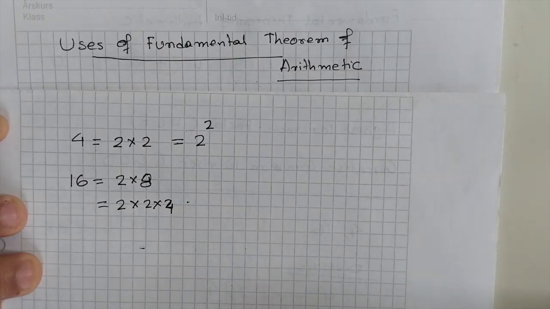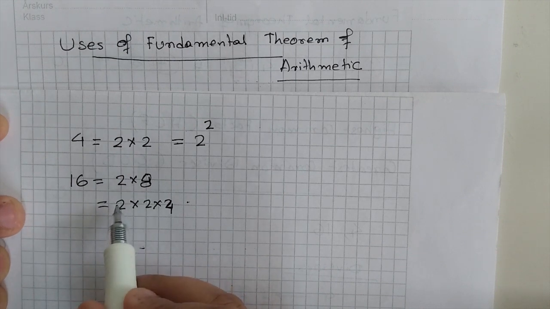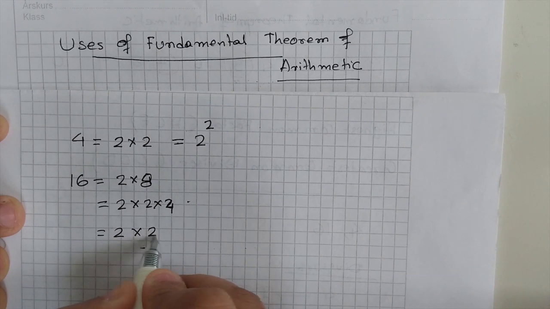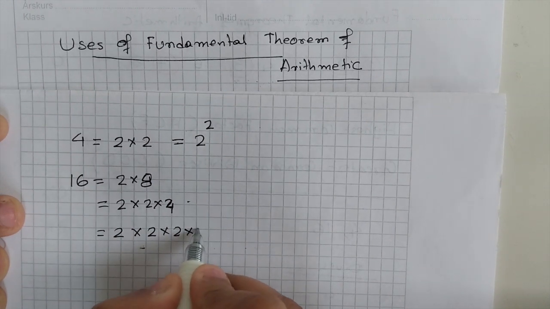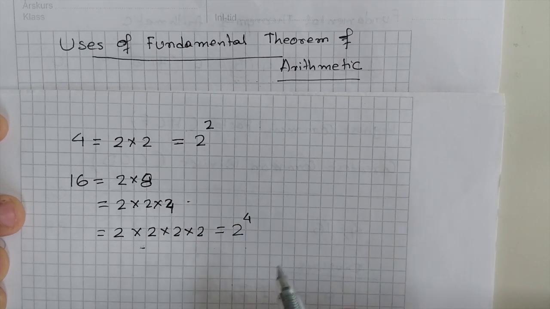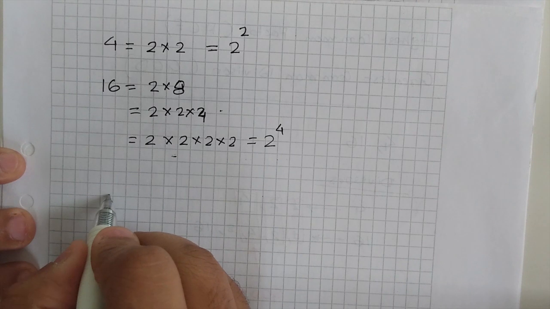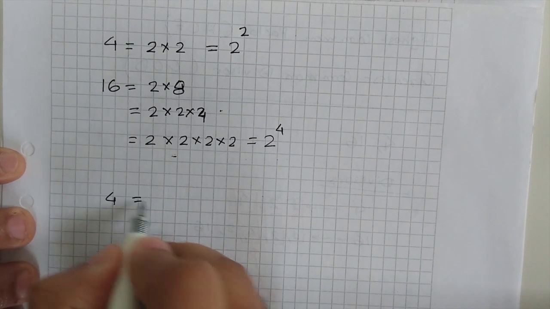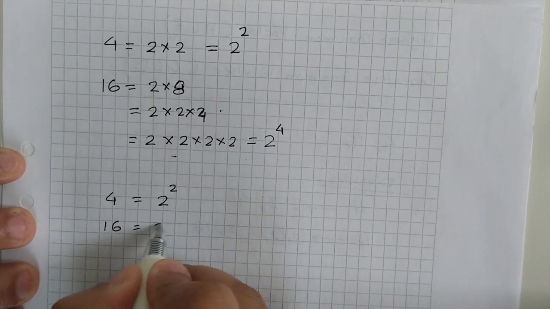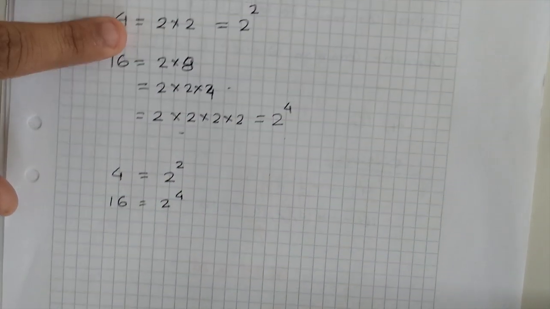Similarly, the number 16 can be written as 2 times 8, that is 2 times 2 times 4, and further broken down into 2 times 2 times 2 times 2, which is 2 to the power 4. So 4 is 2 squared, while 16 is 2 to the power 4.